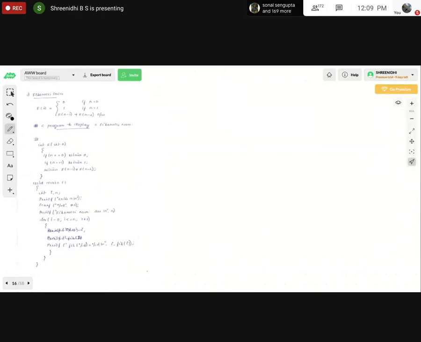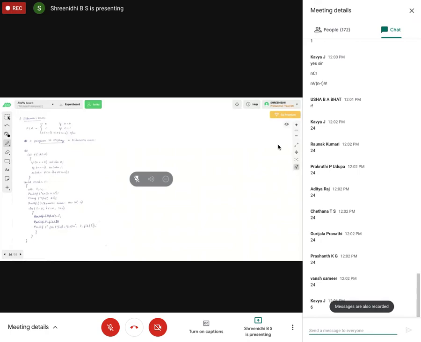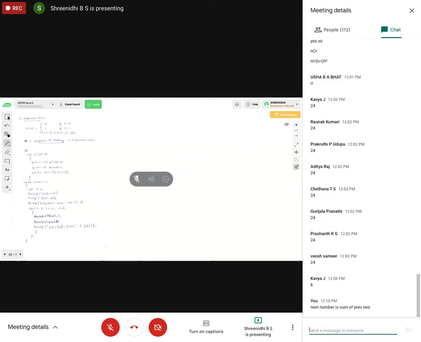What do you mean by Fibonacci? Anyone? Tell me what do you mean by Fibonacci series? Sum of previous two numbers. Correct.